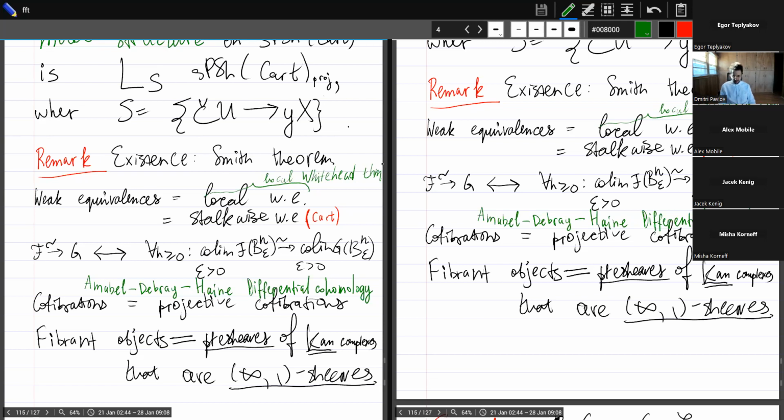Yep. So there are many criteria. Some of them are less practical than the others, and for our purposes, of course, the stalkwise weak equivalences is by far the easiest description.